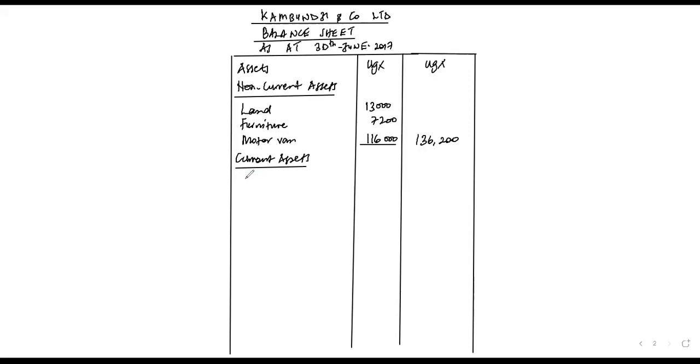And under current assets, we have the stock. That is at 30th June 2017, the closing stock, which is 8,500.